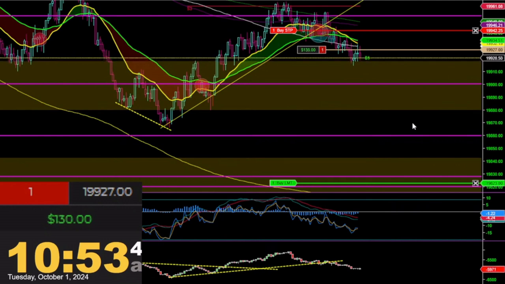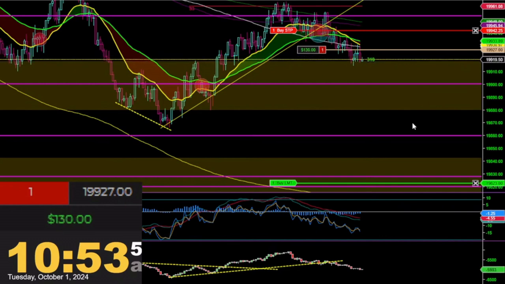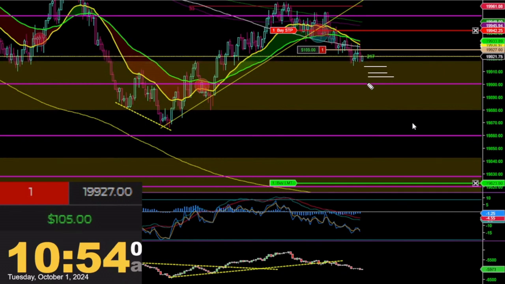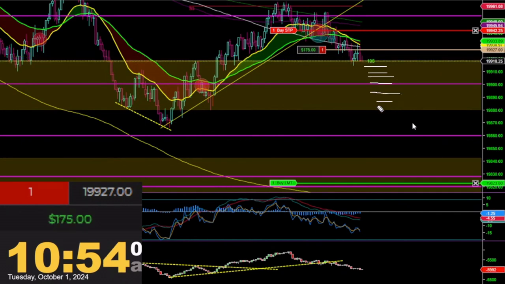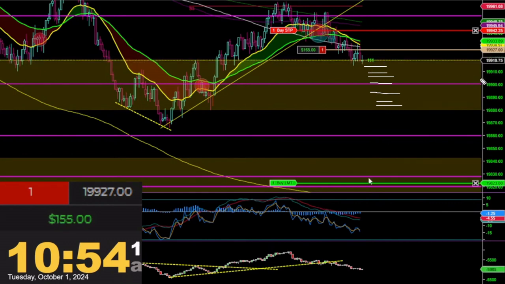For this short to work, it needs to break through all this, which is asking a lot. That's why I only put one contract. Every time you see a level, people are putting stops just behind it, and there are a lot of levels here. There's a lot of stops and a lot of buys.